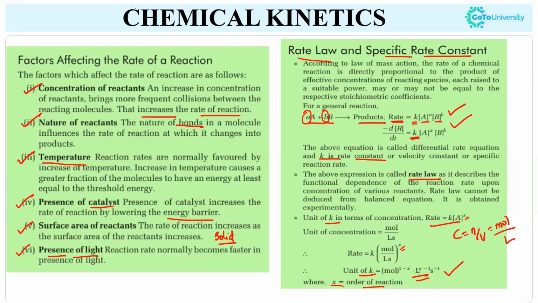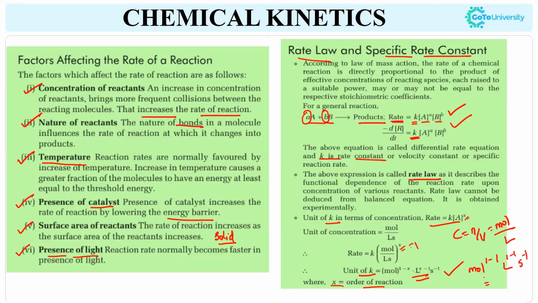Suppose you are taking x as 1, what will be the unit of K? Then it becomes mole raised to 1 minus 1, liter raised to 1 minus 1, second raised to minus 1.